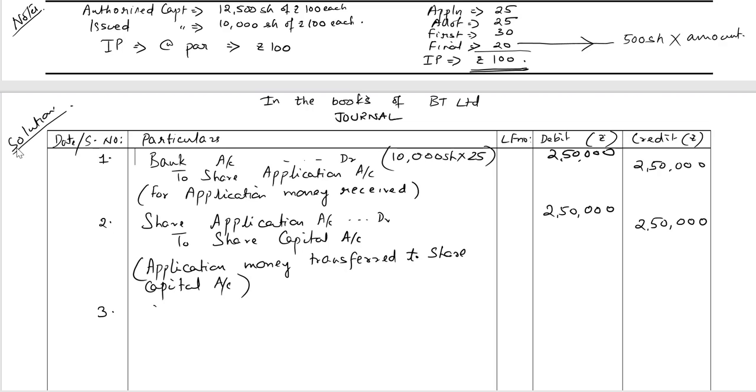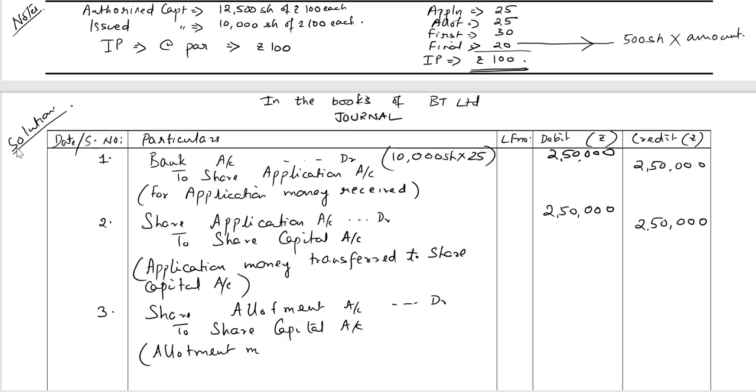Let's go on to the third journal entry, share allotment account debit to share capital account for allotment money due, the amount 10,000 shares multiplied by rupees 25 per share, 2,50,000 rupees is the allotment money which is due.